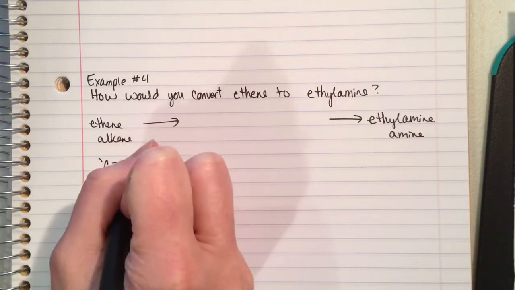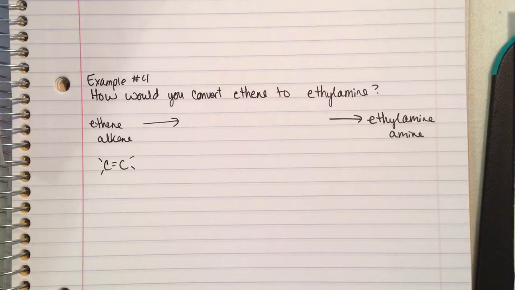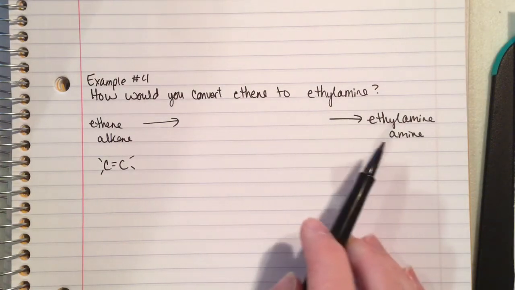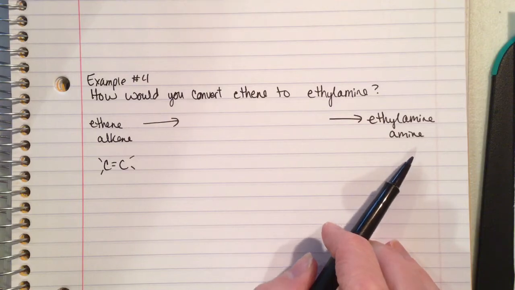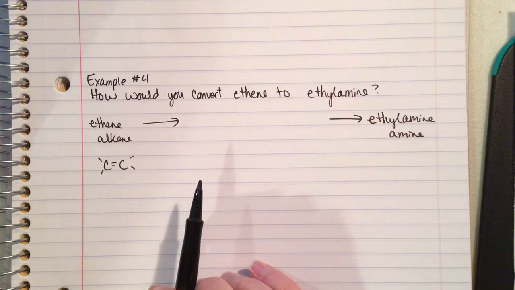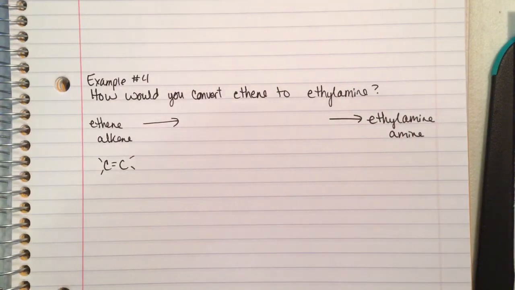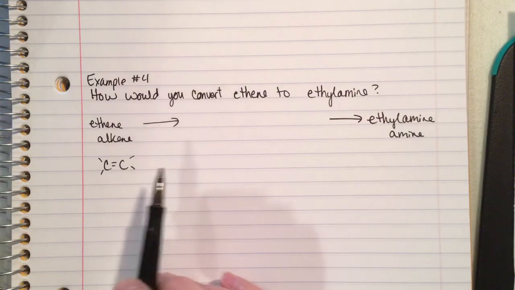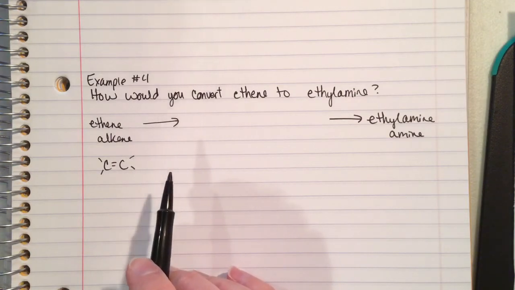So this is what this guy looks like. So I need to add on to there something that will allow me to substitute. And so we know that when we substitute, it's best if we can use like a bromine or an iodine.